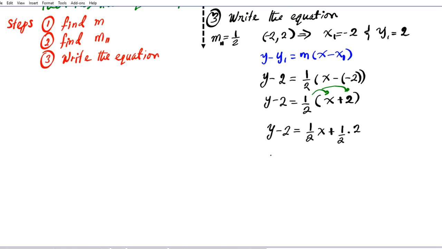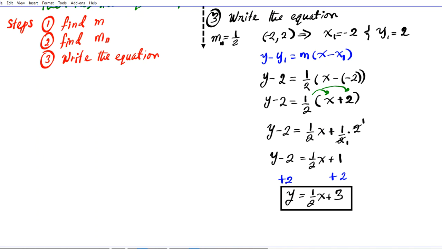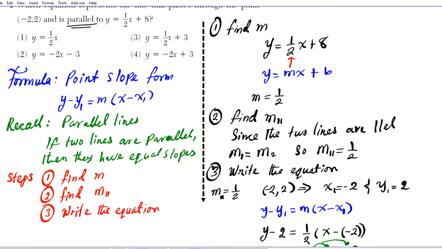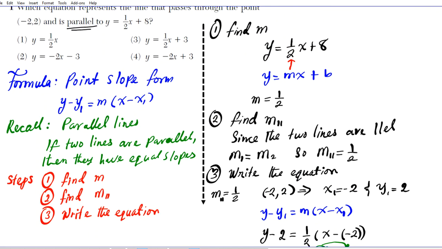So this becomes y minus 2 equals 1/2 x plus 1. The final step involves adding 2 to both sides so that y can be isolated. So we have y equals 1/2 x plus 3 as the final answer. The answer to question number 1 is option number 3.